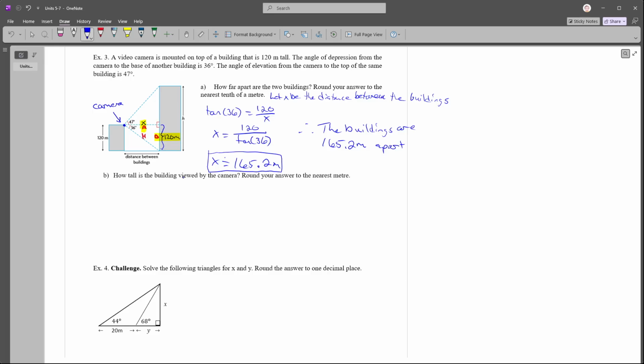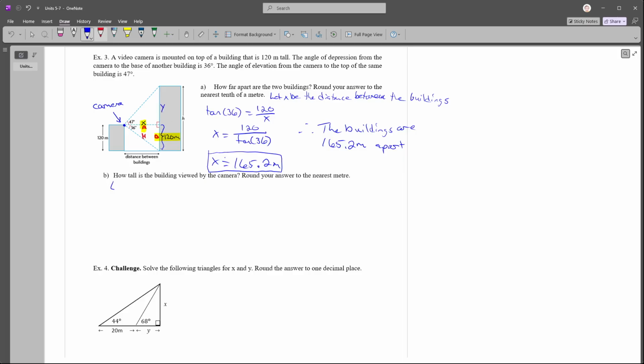Okay, follow-up question. How tall is the building viewed by the camera? So basically it wants to know the entire height, h here. Well, we know that the piece at the very bottom here is 120, so that's pretty good. But I don't know this piece up here. So let's start off by labeling this. Let's call this y.